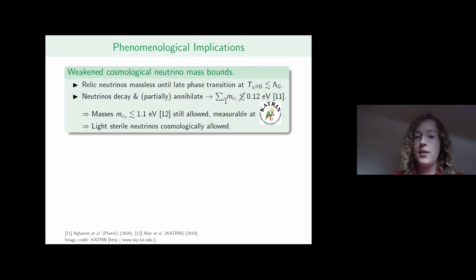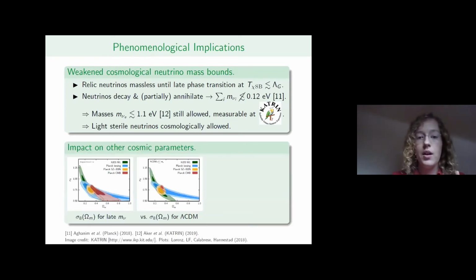And on top of that, you have a contribution to the number of effective degrees of freedom in the early universe, which is also not the case in our model, because the neutrino masses and therefore the interaction between the sterile and the active neutrino species are zero in the early universe. So these sectors are completely decoupled. So this is cosmologically the most precise prediction of the model that can be tested in the next 5 to 10 years.